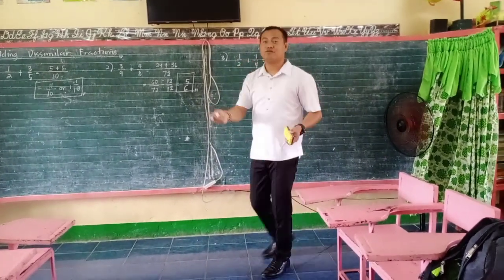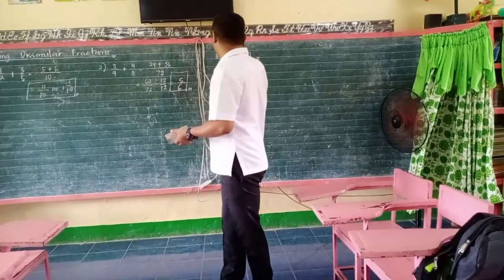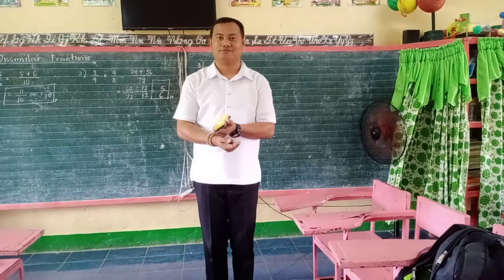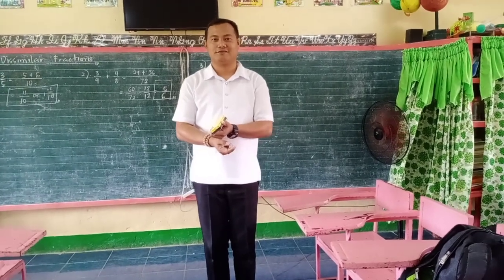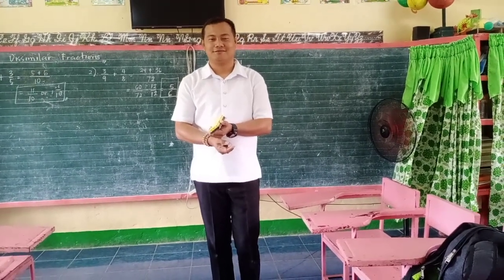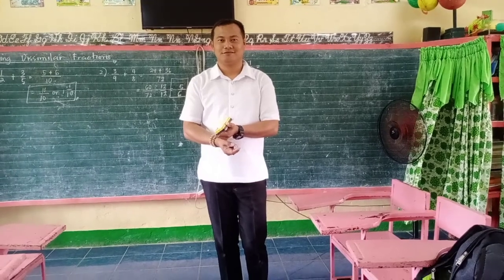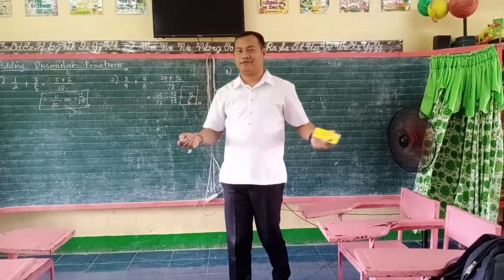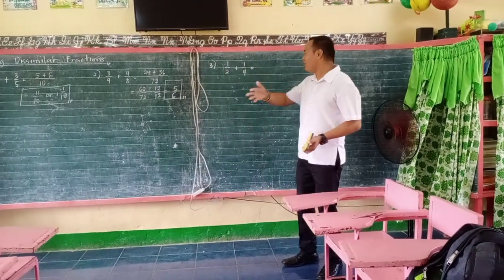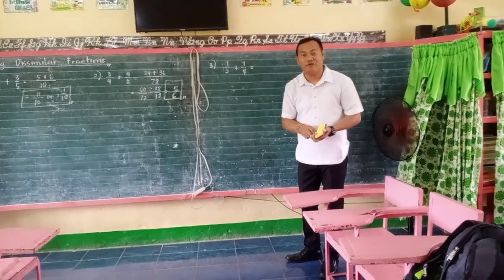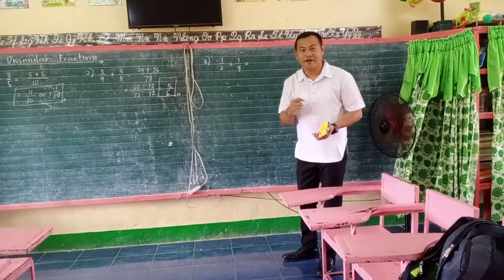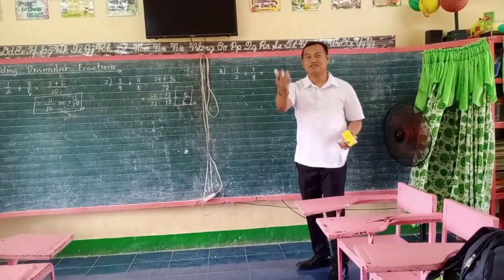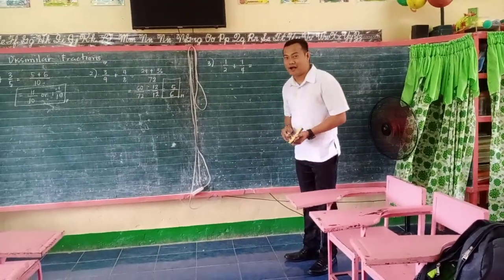So I will give you time to find the sum of 1/2 and 1/4. Alright. So do you know the sum of 1/2 and 1/4? Did you find its answer? Alright, very good. Let's see if your answer is the same as my answer.